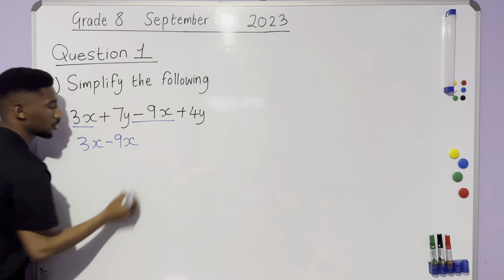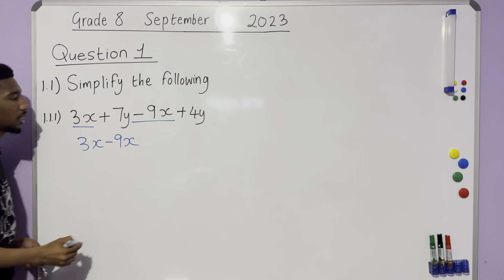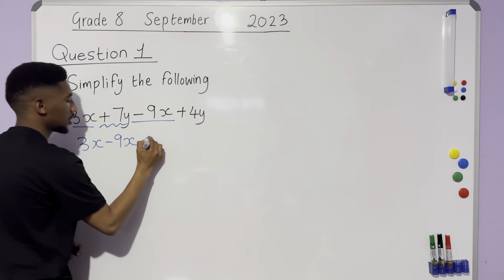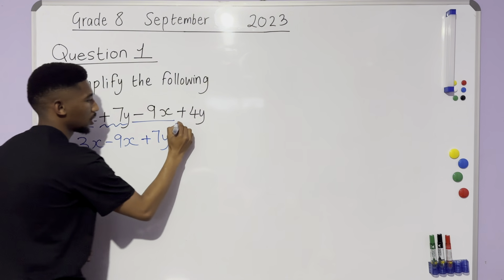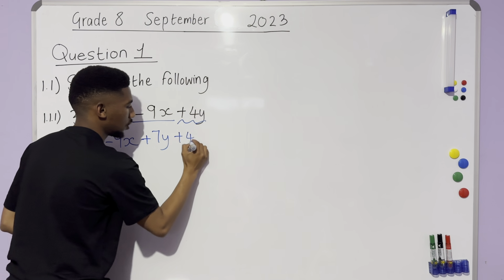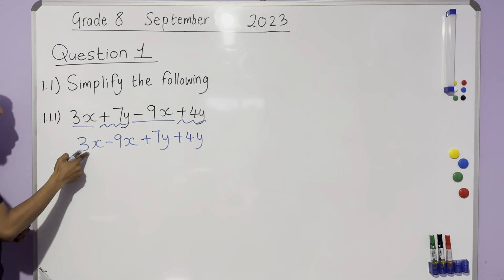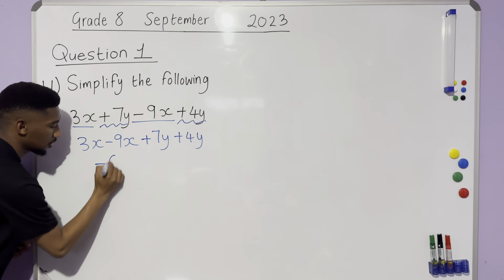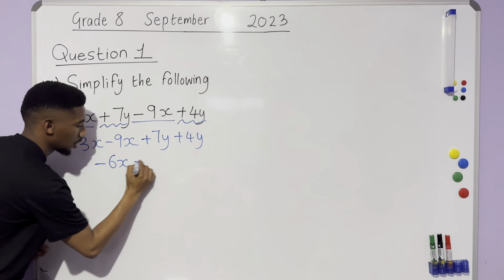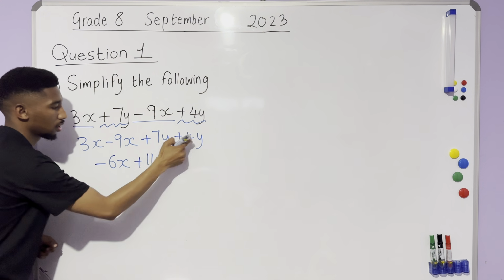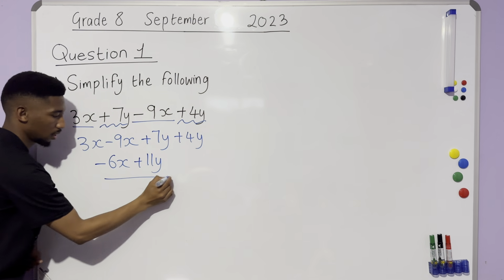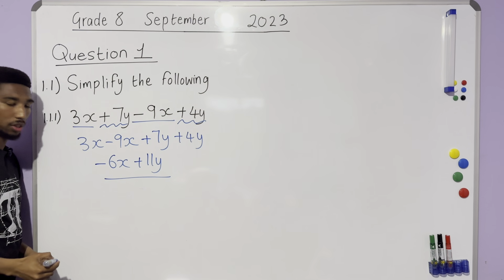So we're going to put those two terms next to each other. And then plus 7y plus 4y are like terms as well there with them. 3x minus 9x, that is negative 6x plus 11y. That is it for the first question.